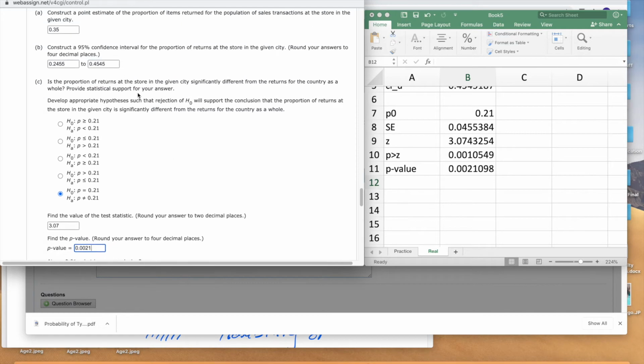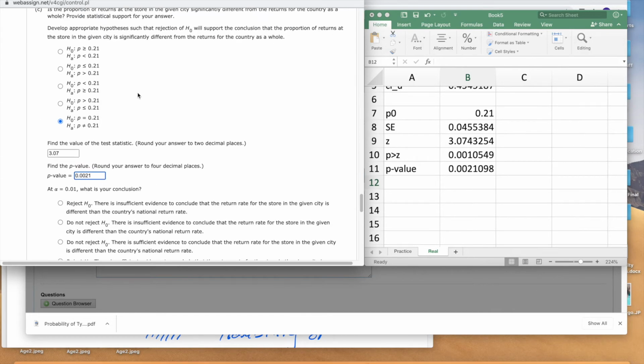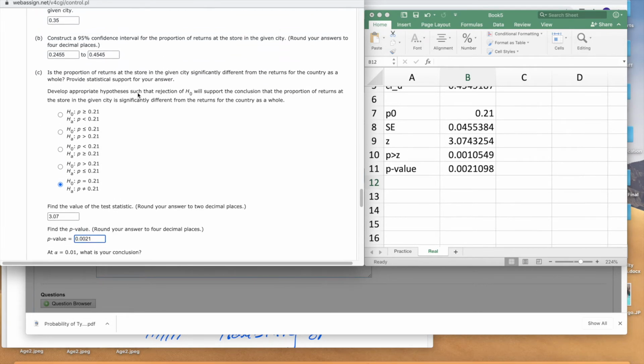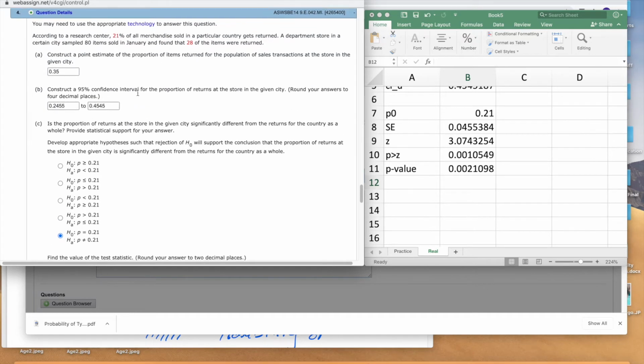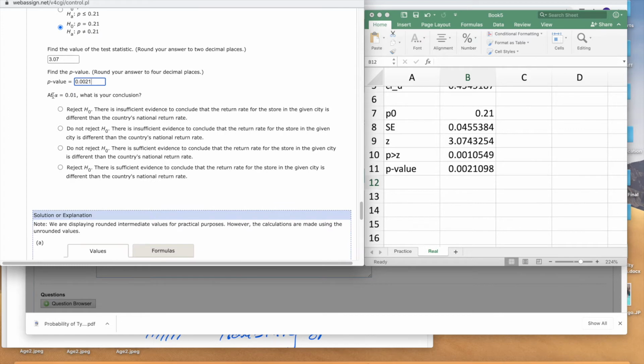They told us alpha was something or the other. I think they told us it was 0.05 somewhere. Oh no, they told us it was 0.01, which is 1%, but this is still less than 1%. This is 0.2%. So our p-value is less than alpha.